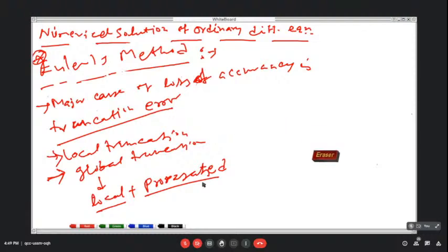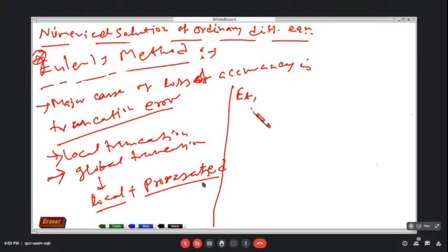Okay, so we can do it here. So this is truncation error. So the truncation error at any step, let's say that is i plus 1.